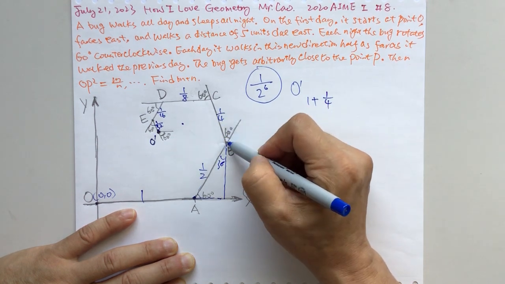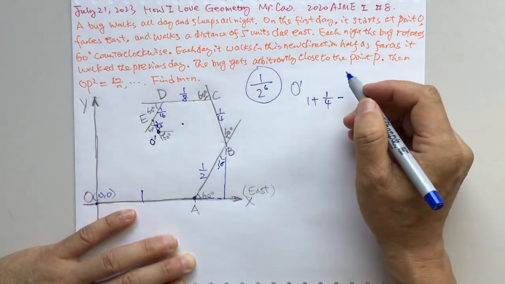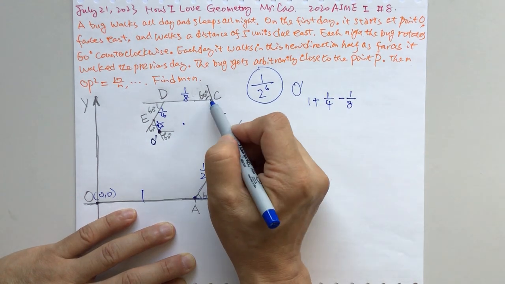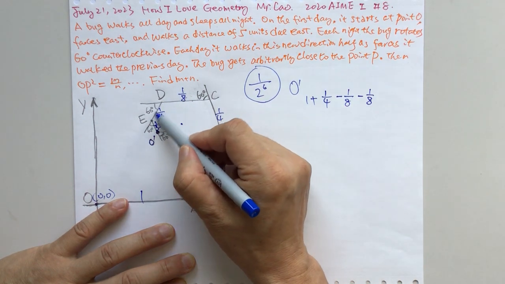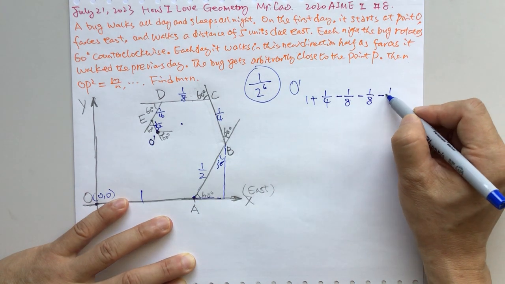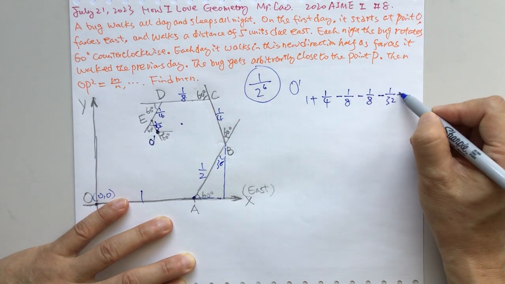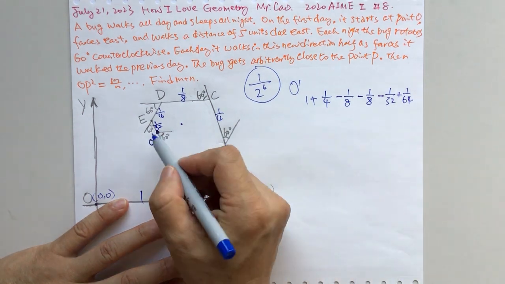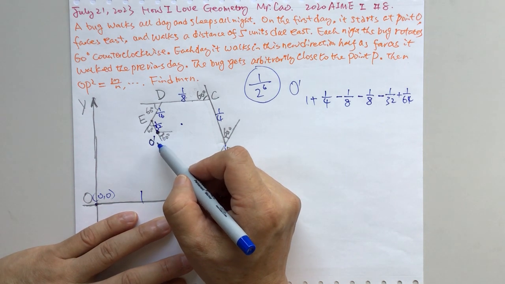Then from B to C, the x coordinate goes back, so it is negative 1/8, and this is also negative 1/8. Now this one is also negative 1/32. Now this is positive 1/64. So that's the x-coordinate of point O prime.